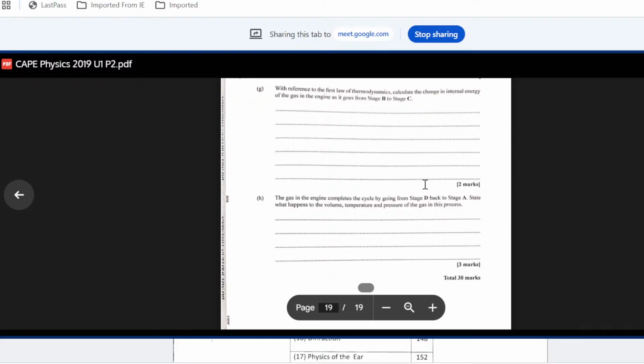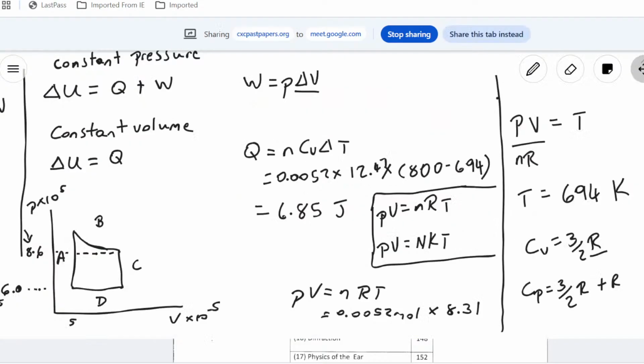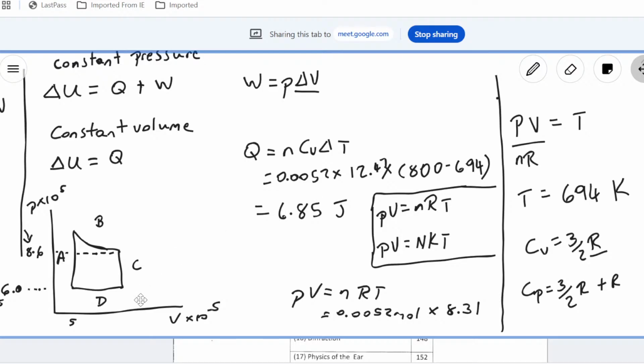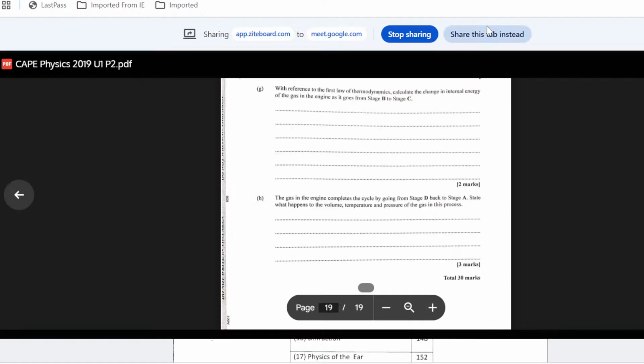So the pressure stays the same, going from D to A. Yeah, pressure stays the same. I believe pressure was constant. Volume was decreasing. So volume decreases, pressure stays the same.